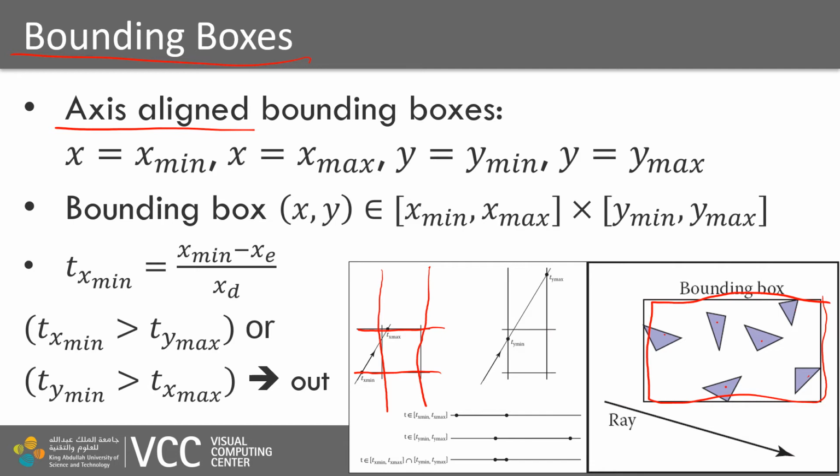And the space between these lines is forming our two-dimensional bounding box. Therefore, for an intersection test with a line, we have quite a simple way of finding out whether we are intersecting the line or not.